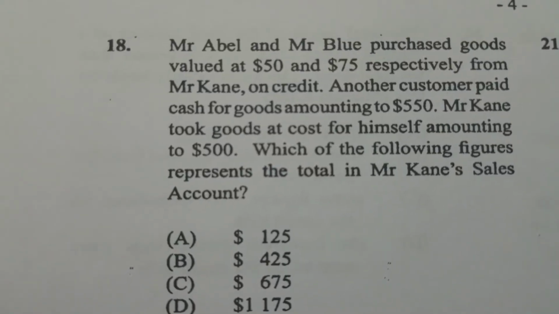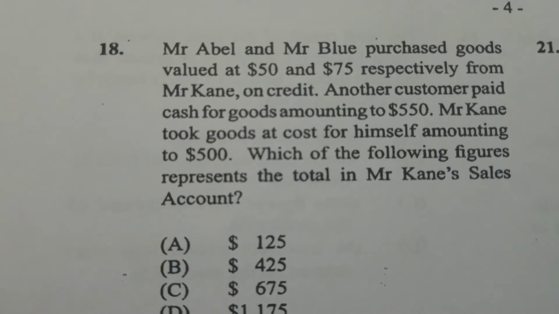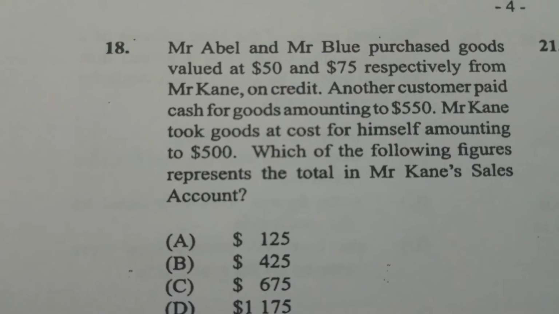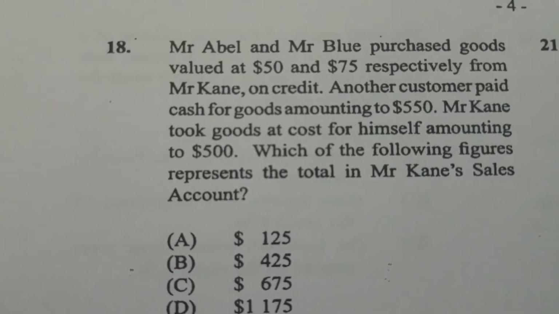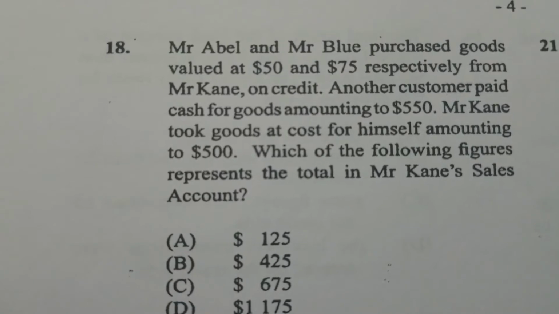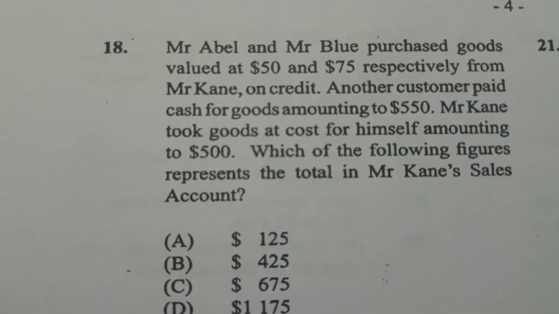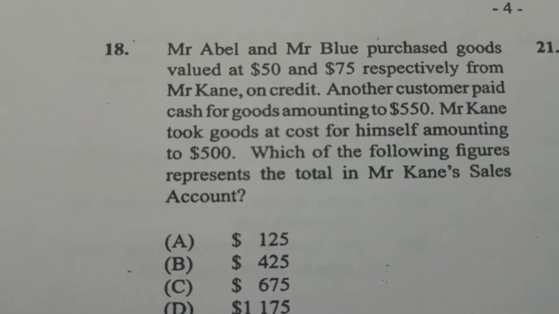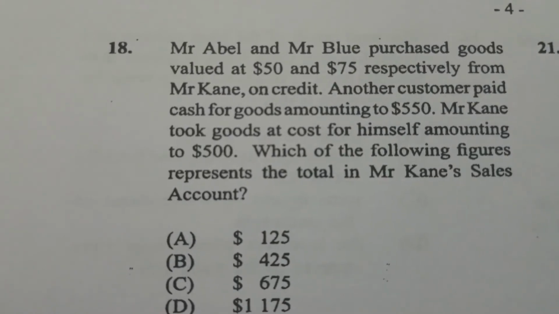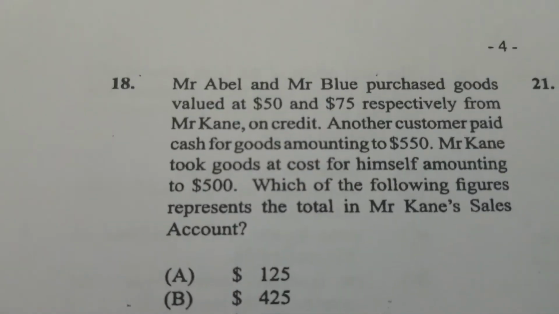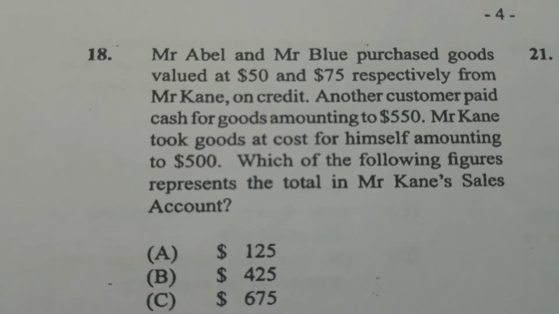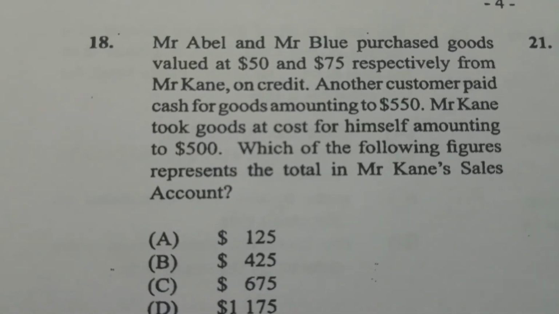Item 18. Mr. Abel and Mr. Blue purchased goods valued at $50 and $75 respectively from Mr. Crane on credit. Another customer paid cash for goods amounting to $550. Mr. Crane took goods at cost for himself amounting to $500. Which of the following figures represents the total of Mr. Crane's sales account?